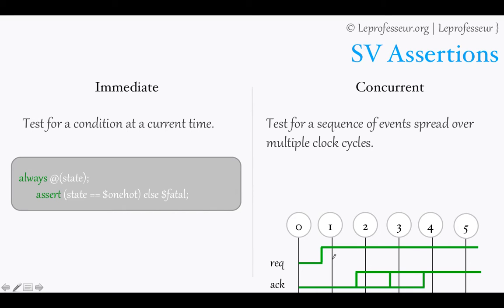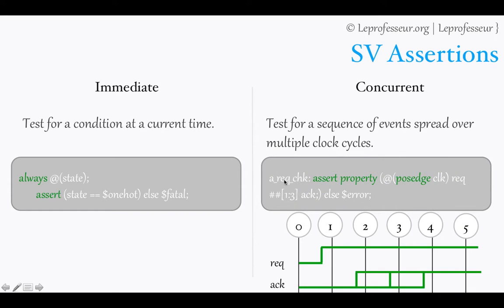It is very simple, as we discussed on the previous page. We can specify a property and then assert the property. Either you specify the property separately and then assert it with the property name, or in one statement you can write assert property at posedge clock request rises high, then hash hash is the delay of 1 to 3 clock cycles, so it may be 1, 2 or 3.